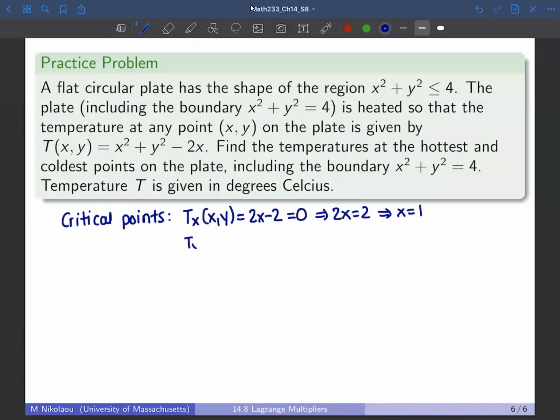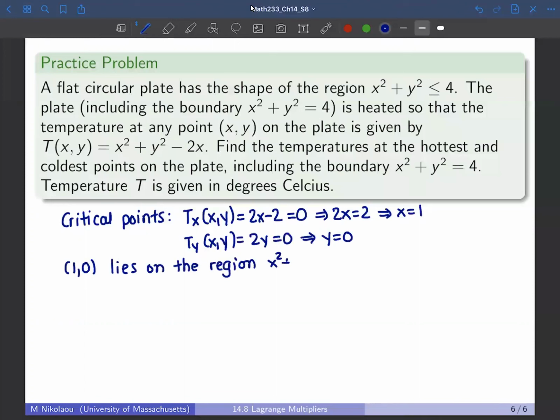We also need to find Ty of (x, y), which is equal to 2y, and setting that equal to 0 gives us y equals 0. So we get only one critical point, the point (1, 0), which lies on the region x squared plus y squared is less or equal to 4. So that is a critical point of the function.